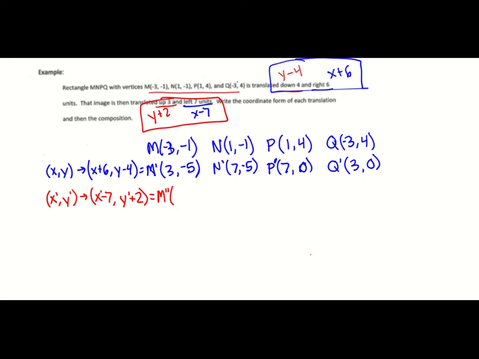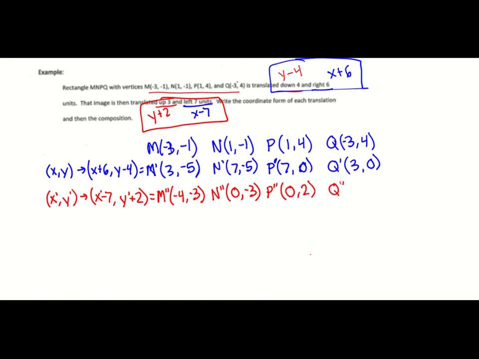3 minus 7, negative 4. Negative 5 plus 2 is negative 3. N double prime. 7 minus 7 is 0. Negative 5 plus 2 is negative 3. P double prime. 7 minus 7 is 0. 0 plus 2 is 2.